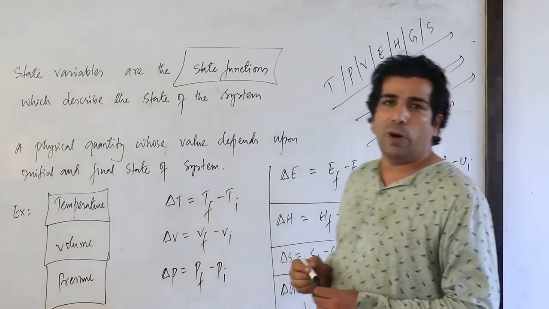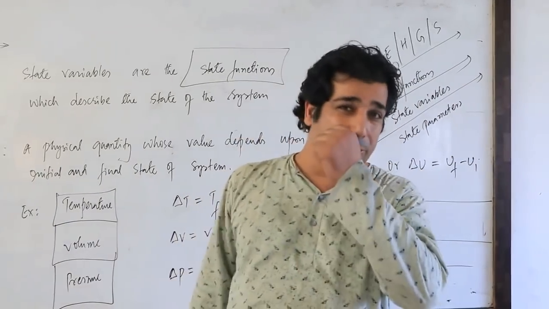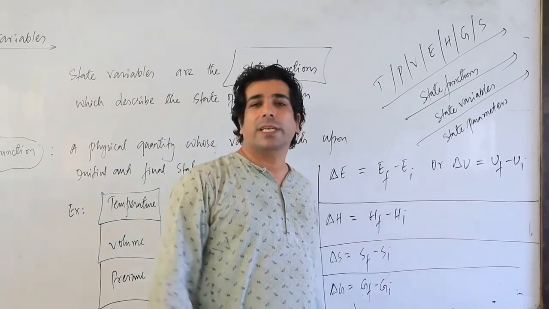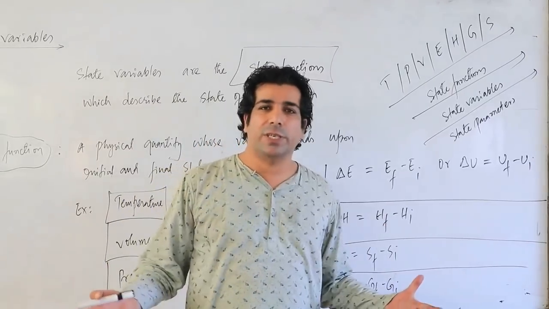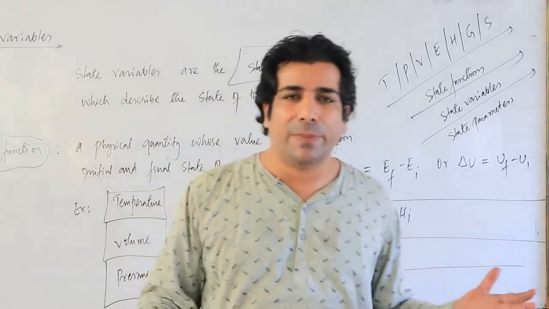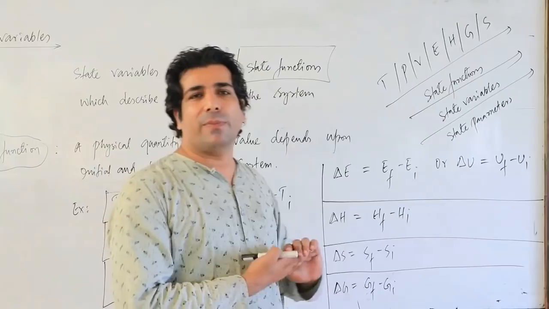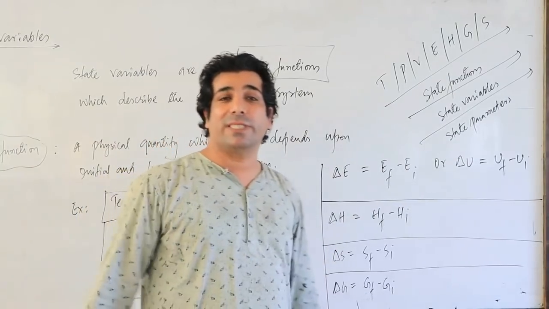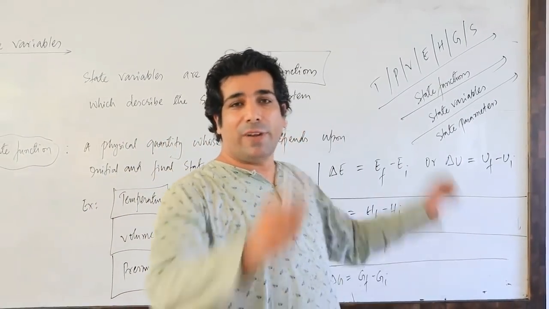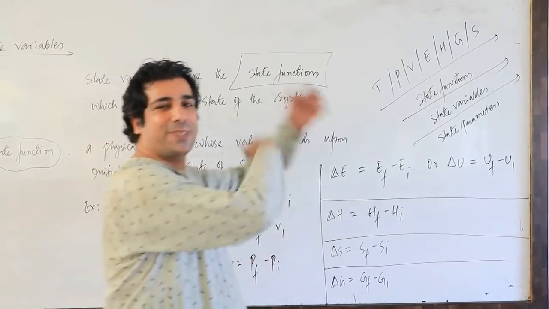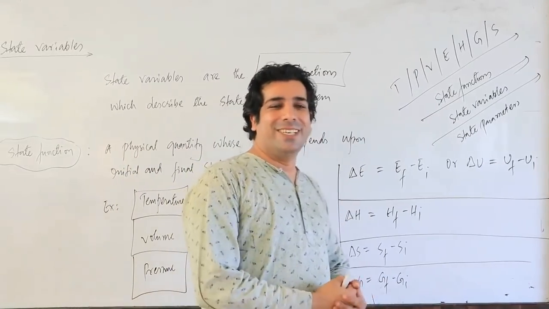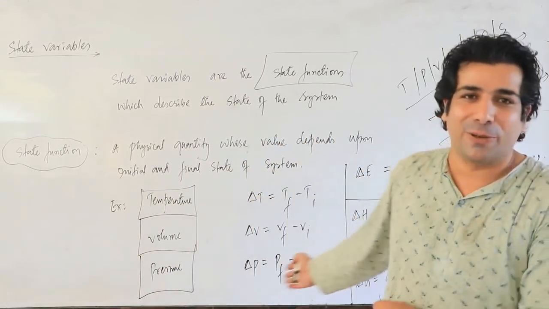The values of temperature, pressure, volume, internal energy, Gibbs free energy, entropy and enthalpy depend upon the initial and final state of a system. Yes or no? And when you change these variables, the state of a system will also change. Correct or not? So please have a look here and make note of this.